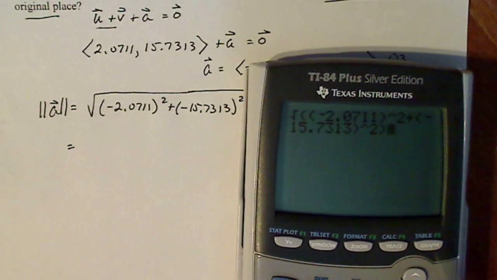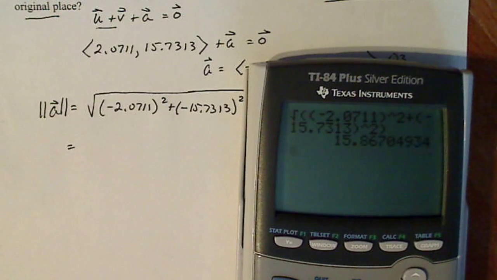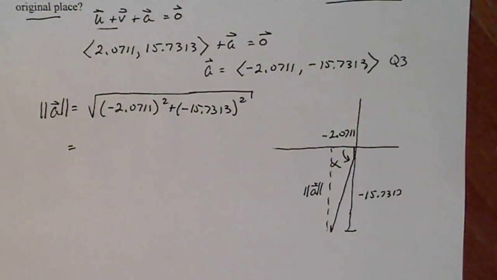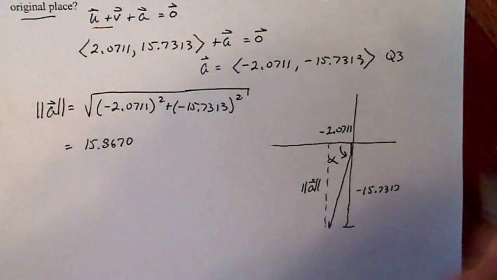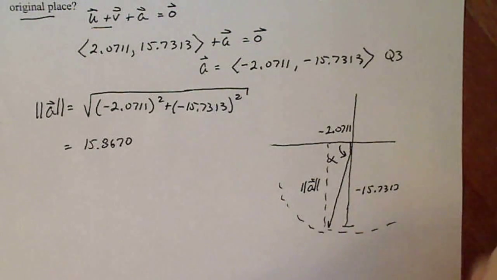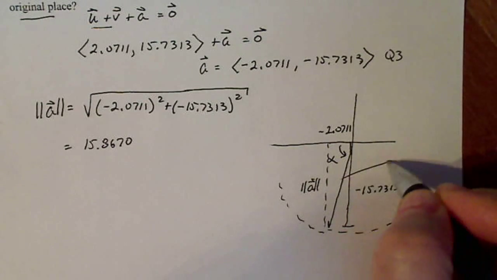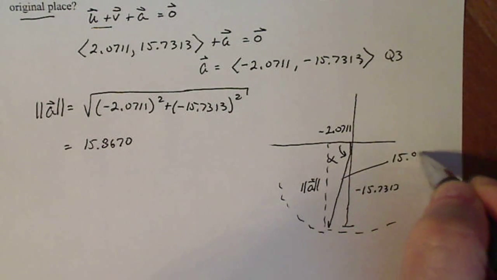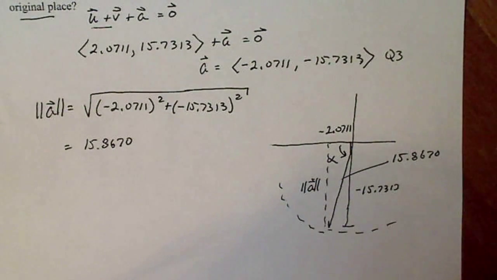Close off the parentheses that started right there, and I should get my magnitude: 15.8670 units. So if I think about a circle that's coming around here, I'm dealing with a circle that has a radius of 15.8670. So that length, 15.8670, has a lot to do with my angle alpha.